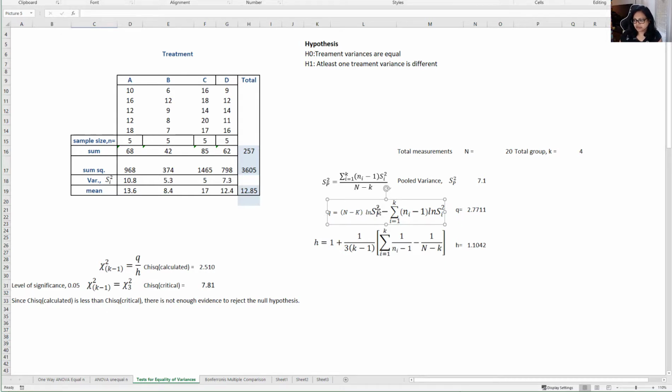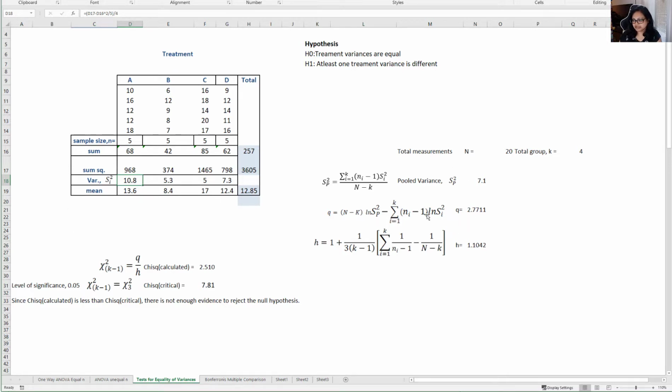The Sp square I will talk about later, so you have to use the logarithm of them, and then minus the sum of each sample size minus 1, multiplied by the log of the variance. So that means you have to find them before. That's why I calculated each of them before.